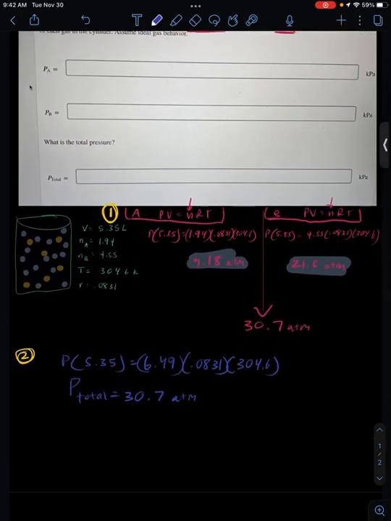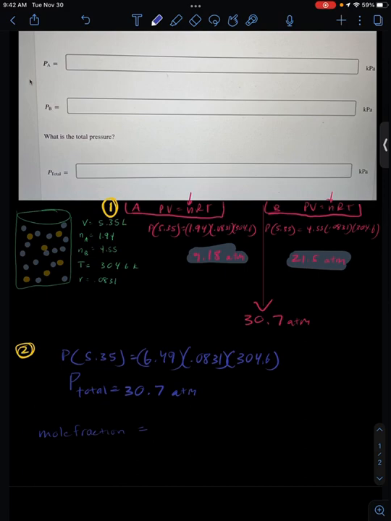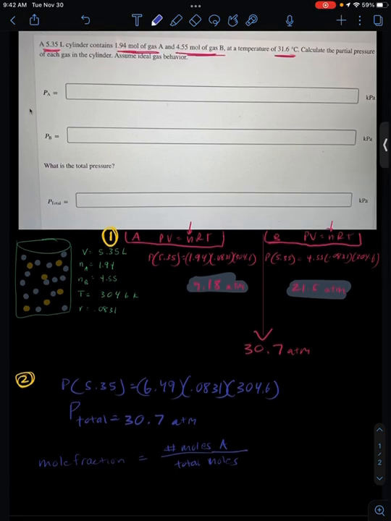Now, the mole fraction is how you would do this: you would figure out the number of moles divided by the total moles. So my number of moles of A was 1.94, and then my total number of moles would be 6.49.